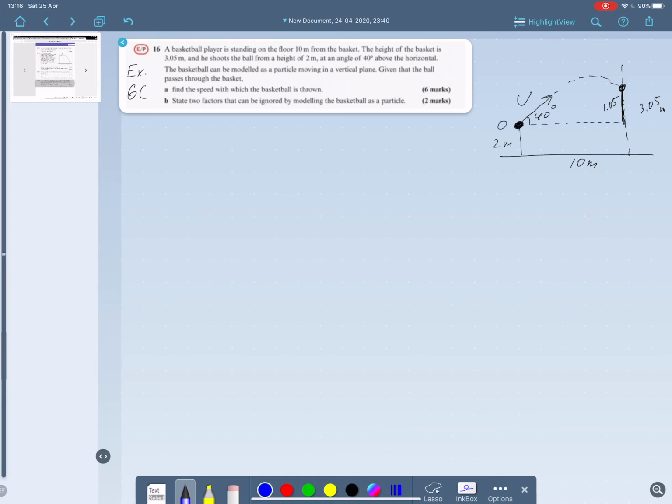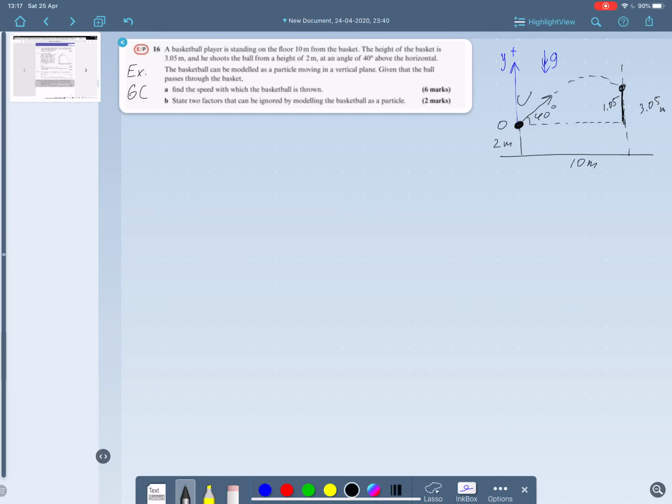Okay, what else can we add to our diagram? Maybe the vertical axis Y going up, reminding us that that's our positive direction, and acceleration g is down. I think that's it. So we'll put all the information on our diagram.